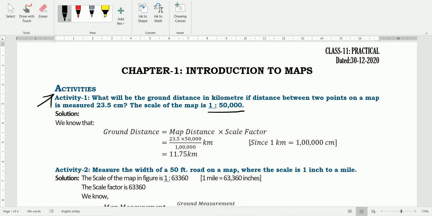So for example, here this is the map, and on the map the distance between 2 points is 23.5 centimeters.